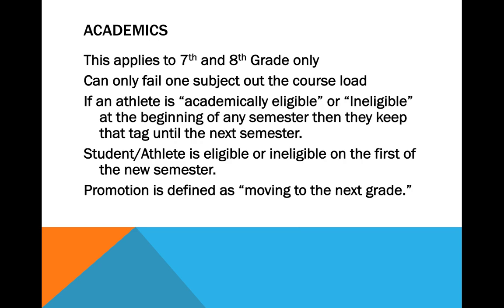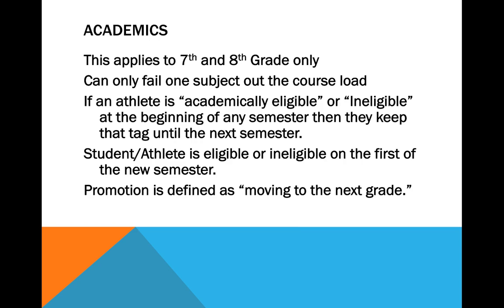If an athlete is academically eligible or ineligible at the beginning of any semester, then they keep that tag until the next semester. For example, if a child is not eligible at the end of the school year, then they are not eligible for fall sports all the way until mid-January, when that first semester ends. If they're not eligible at the second semester, then they won't be eligible until the end of school.